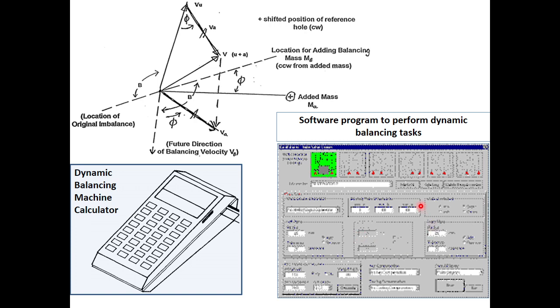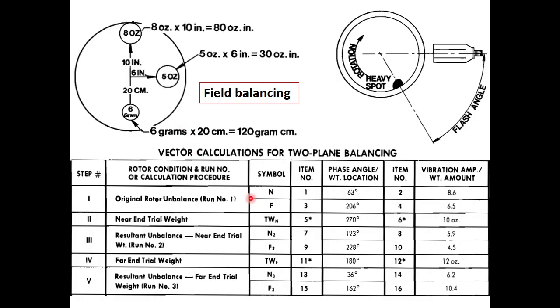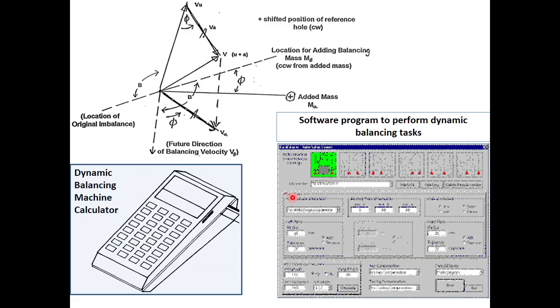This is a typical balancing software program, and there is a balancing machine calculator also. Previously, there was some calculator sort of thing where, if you put these readings into this calculator, this location of correction mass and other things, these indicators would come here.